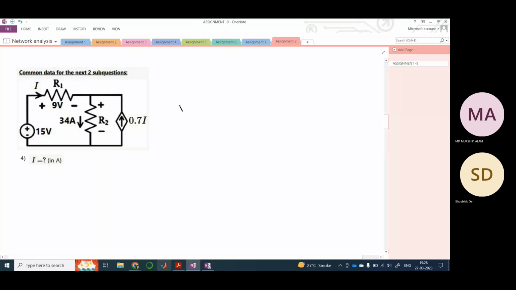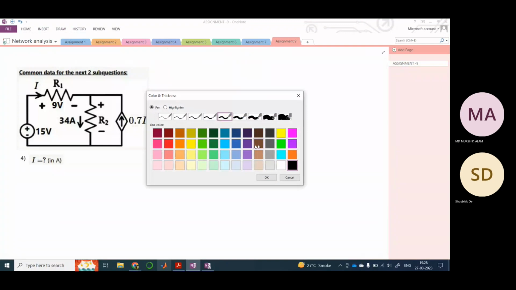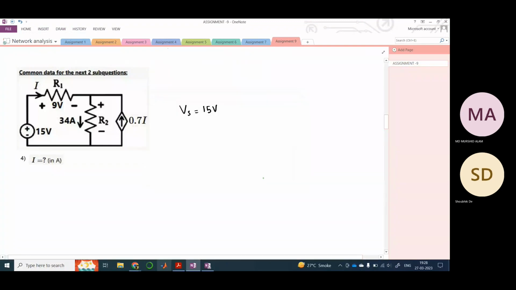Let us consider that the current flowing through this path is I1. Now this gets divided into two parts. This is I2, and since this 0.7 I is pointing upwards, I am also drawing it like this. Okay. So here you can easily use I1 plus I3 equals I2, provided we ground this, right?